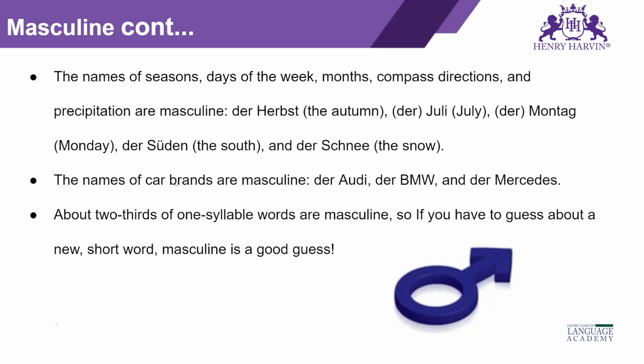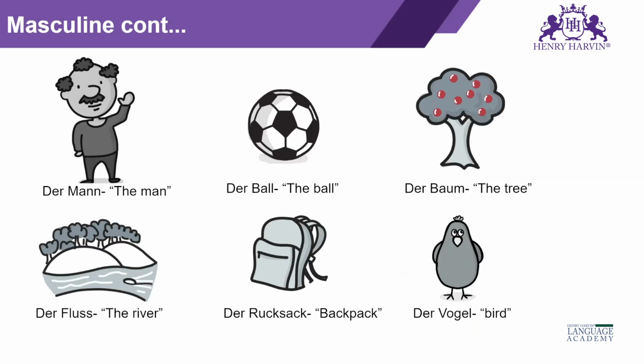The names of car brands are masculine: der Audi, der BMW and der Mercedes. Almost 2/3 of your total nouns take the masculine gender. Der Mann, der Ball, der Baum, der Fluss, der Rucksack, der Vogel.